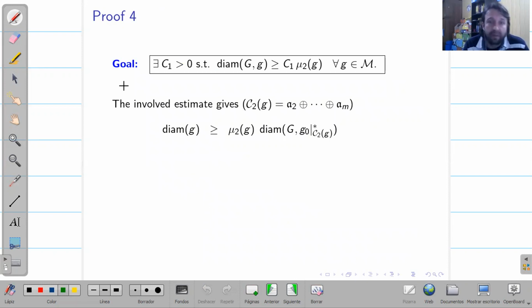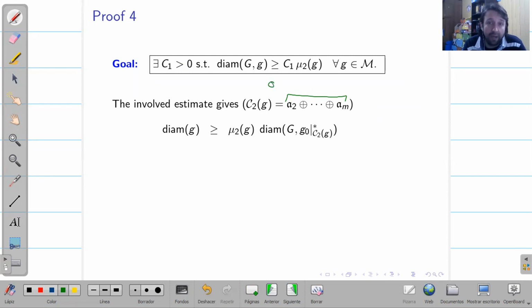And the involved estimate gives us that the diameter of G is greater than or equal to this term, mu2, times this. Remember, what is this? Well, you have a metric such that on C2 it is the same as the bi-invariant metric. You have a bilinear form that on this subspace is the same as G0.